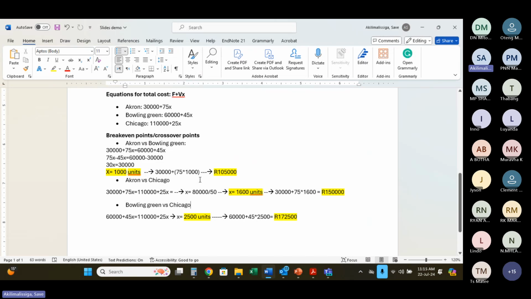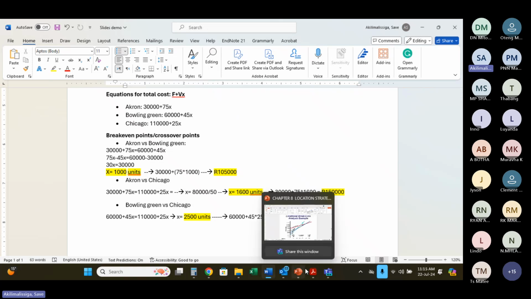Do these calculations in order to determine the crossover points, the ranges, but I will show you how to do that. So this is just to determine the crossover points in order for you to plot the lines, and then you analyze the different costs.